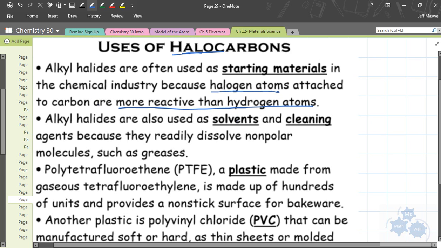Alkyl halides are also used as solvents and cleaning agents because they readily dissolve non-polar molecules, such as grease. A lot of these compounds are used in those kinds of cleaners because they will readily dissolve greases.